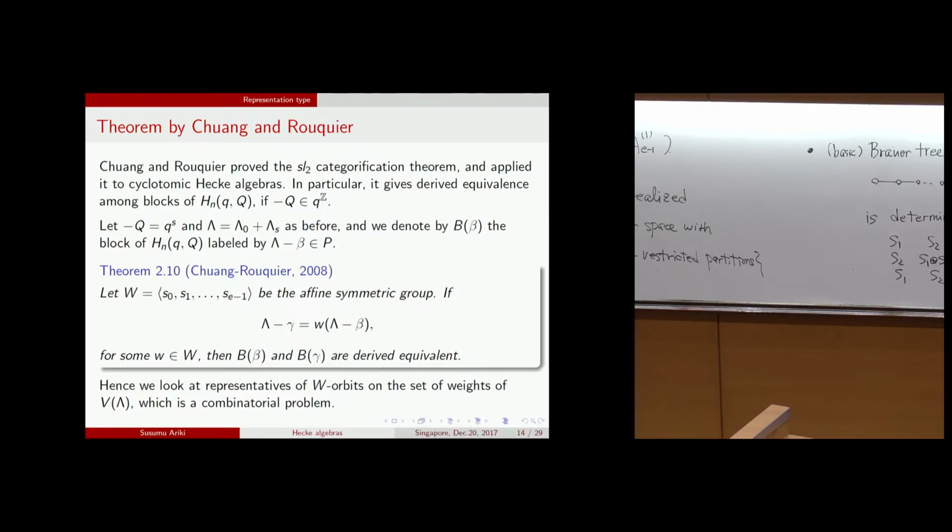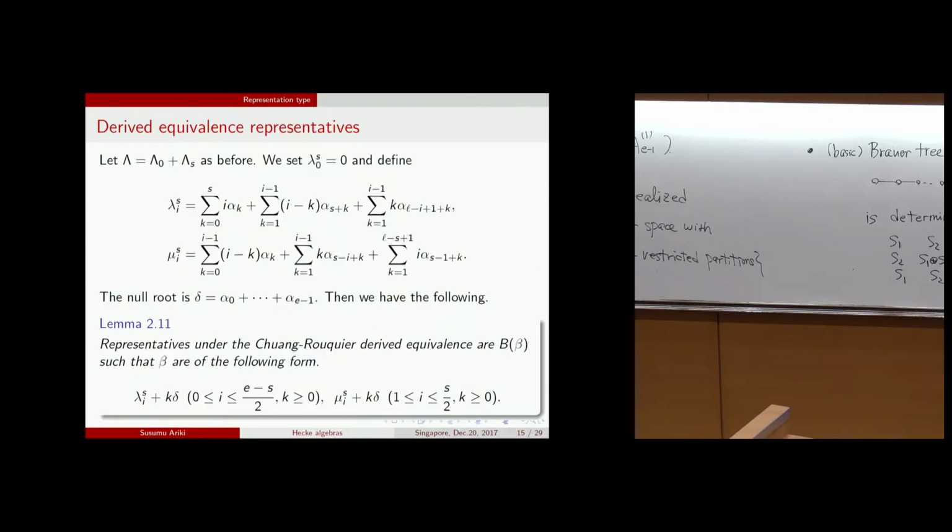So we look at the representatives of W orbits on the set of weights of this level 2 highest weight module, which is a purely combinatorial problem. And we know the answer. So let lambda be as before, and we set lambda_s to be 0, and for i not equal to 0, we define two sets of non-negative combinations of simple roots.